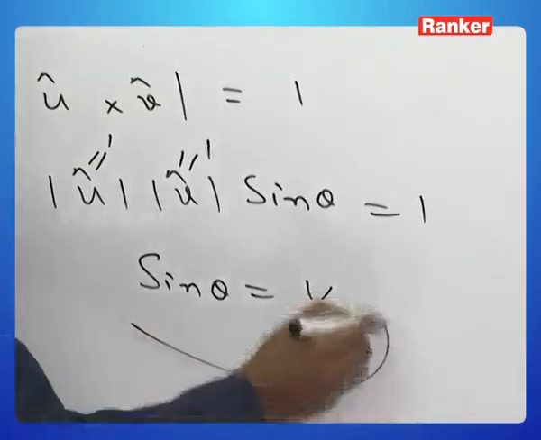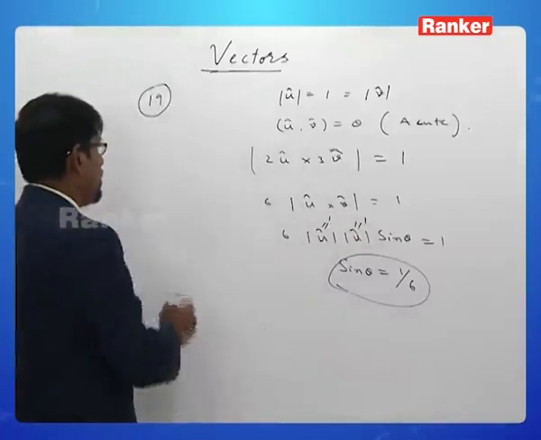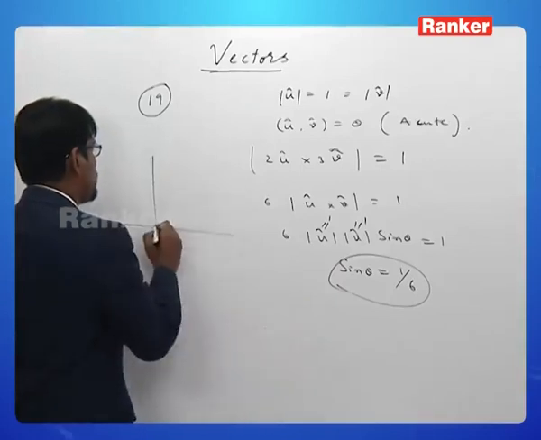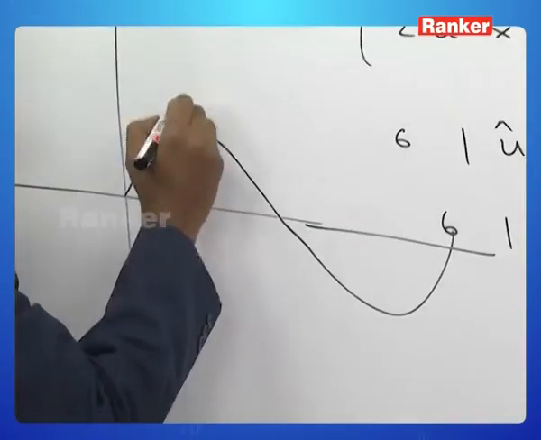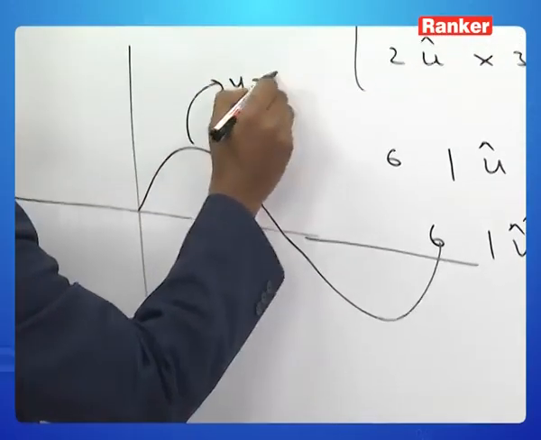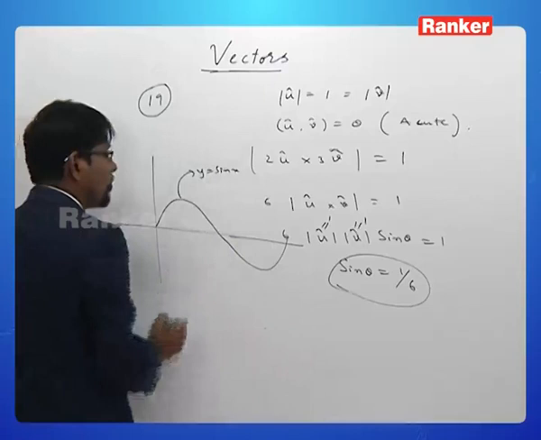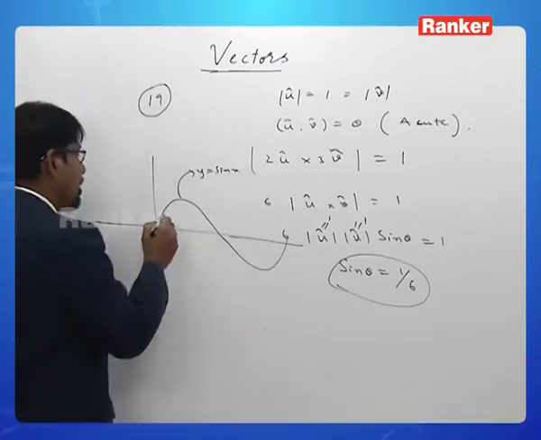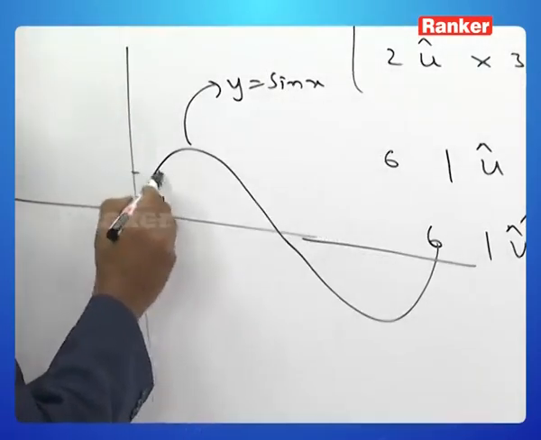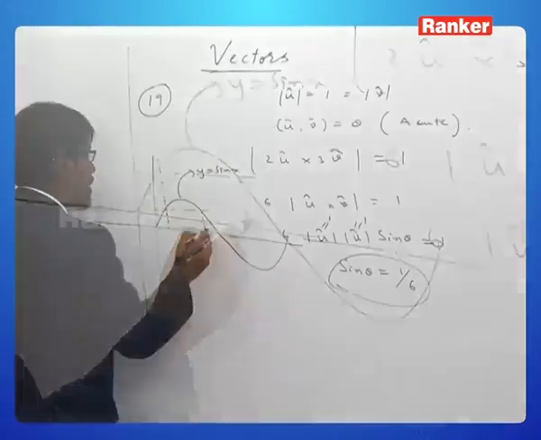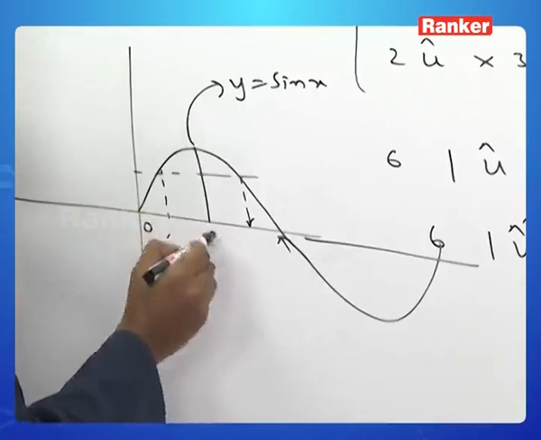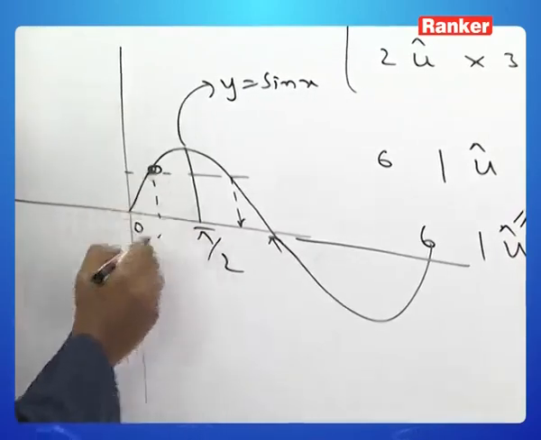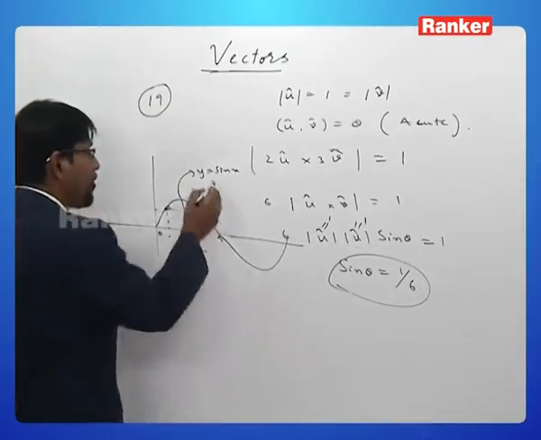Now, sine theta being 1 by 6, let's look at the sine graph. The graph y equals sine x goes like this. For y equal to 1 by 6, between 0 and pi it can happen for 2 values, but between 0 and pi by 2 it can happen for only 1 value of x.